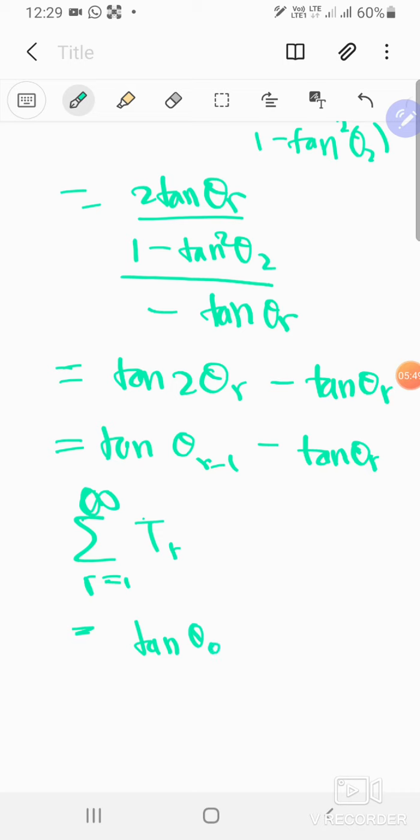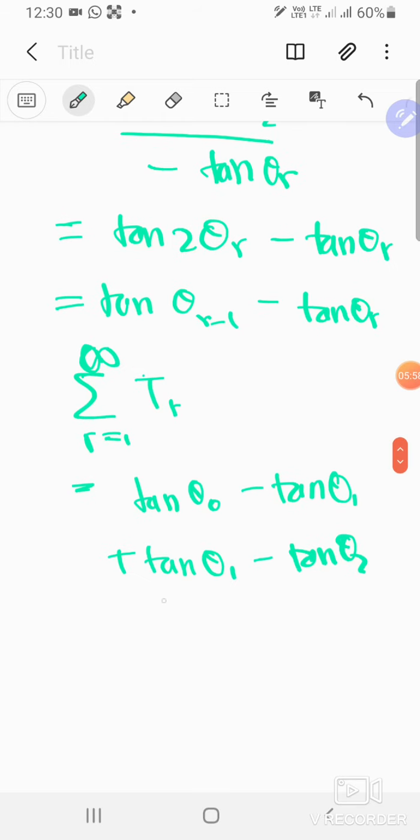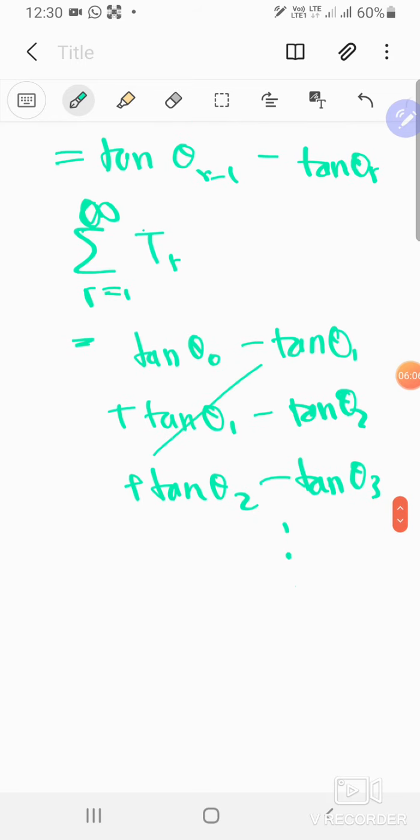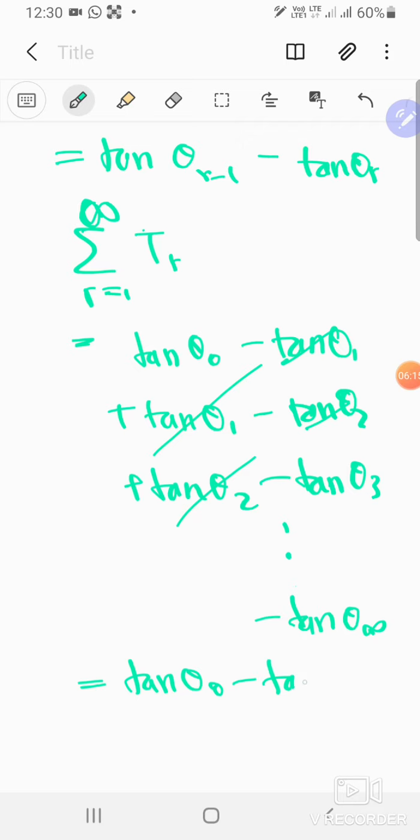So tan of theta 0 minus tan of theta 1, plus tan of theta 1 minus tan of theta 2, then plus tan of theta 2 minus tan of theta 3, and it keeps going like that. So this will cancel till eventually you have minus tan of theta infinity. So what you're left with is tan of theta 0 minus tan of theta infinity.